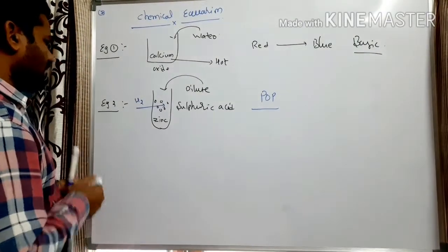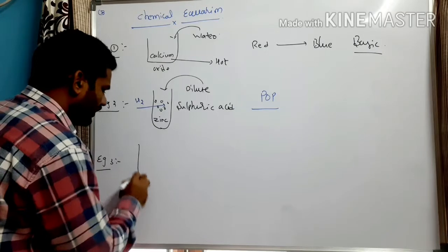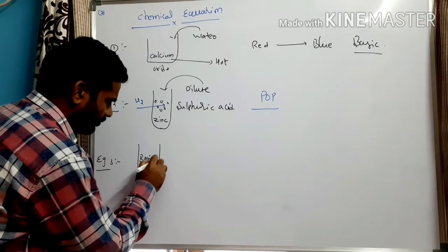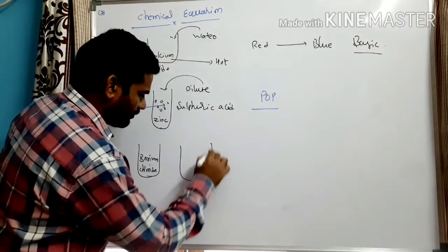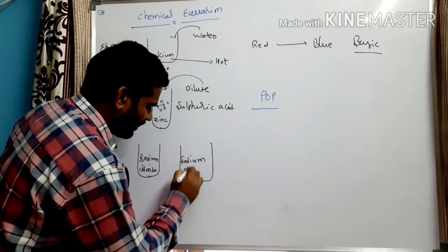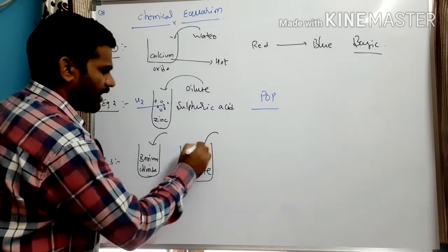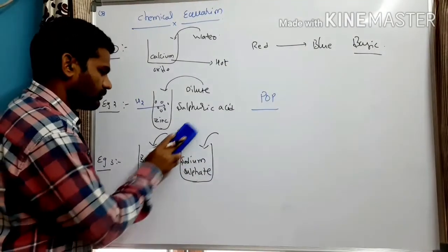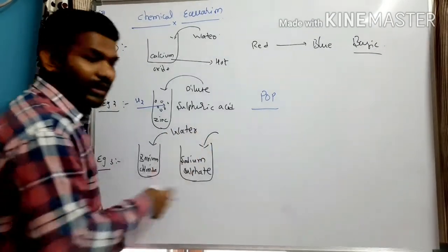And we have also seen the third example. In the third example, you have taken a small amount of barium chloride salt in a beaker, and in another beaker you have taken sodium sulfate salt, and to both the beakers you have added a sufficient amount of water, which results in the formation of a colorless solution.